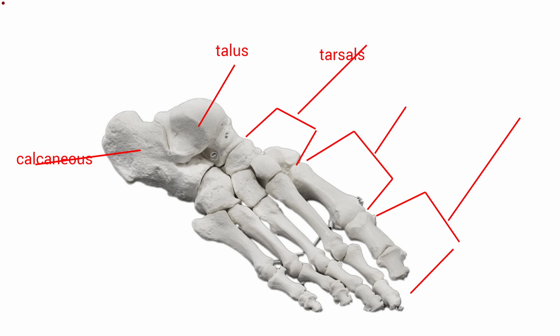Okay. So all of these that I've just labeled are tarsals. We aren't going to label all the names of these tarsals here in the middle, but we got two big ones that are easily identified, the talus and the calcaneus. And then we have metatarsals. And then we have phalanges.